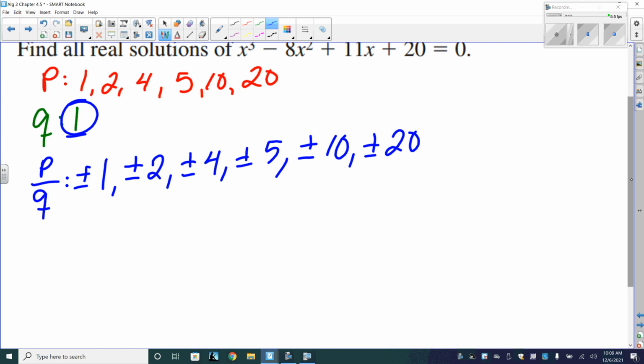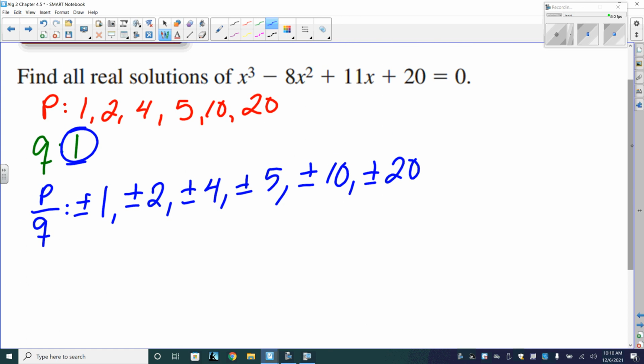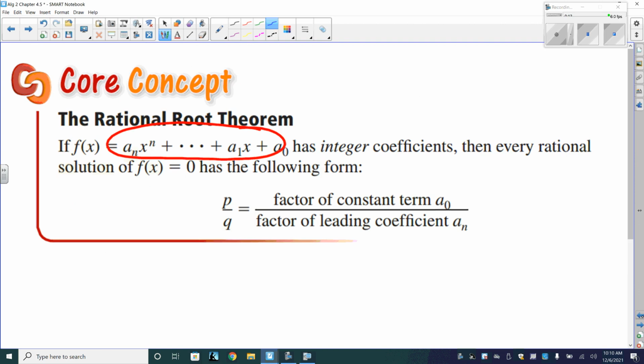Now, how many solutions will this have? 3. The degree is 3, so it's going to have 3 solutions. How many possible zeros did we just list out? Well, 1, 2, 3, 4, 5, 6, 7, 8, 9, 10, 11, 12. So will all of these be solutions? No. The rational root theorem says every rational solution has the following form.